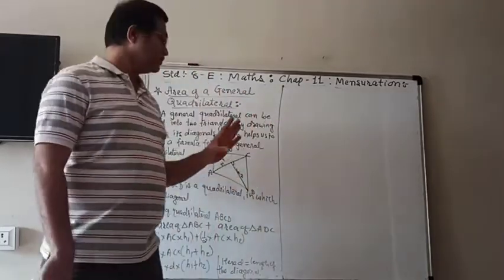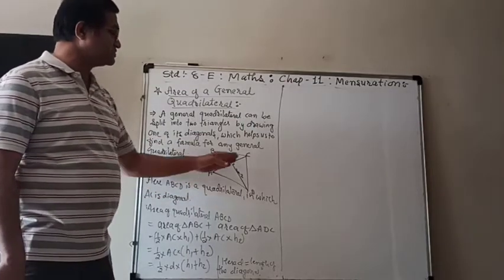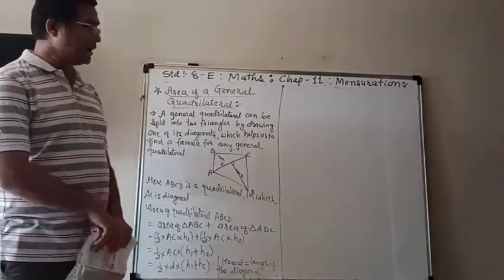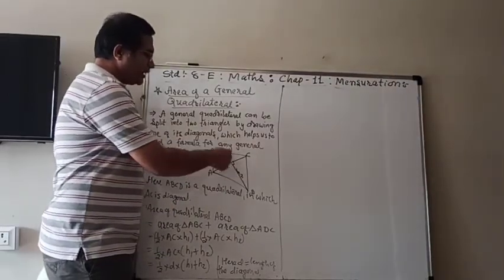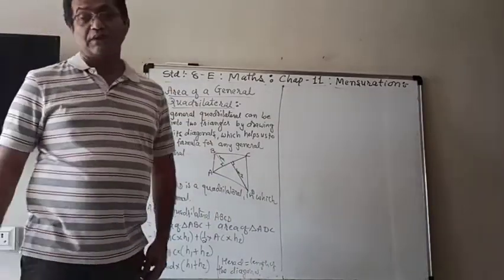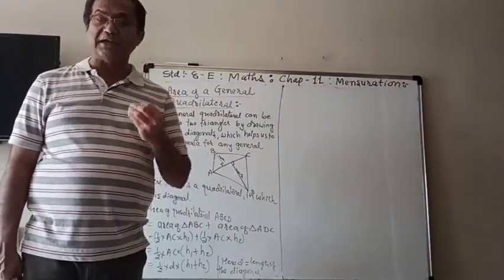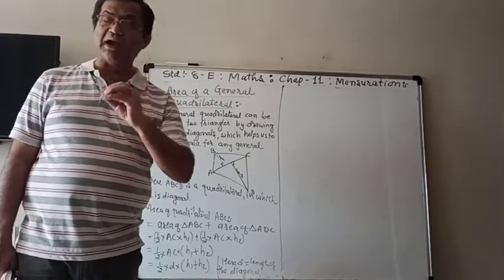So here you can see that ABCD is a quadrilateral in which AC is the diagonal, and H1 is the height of the triangle ABC, H2 is the height of triangle ADC. Because we know that area of triangle is half into base multiplied by height.